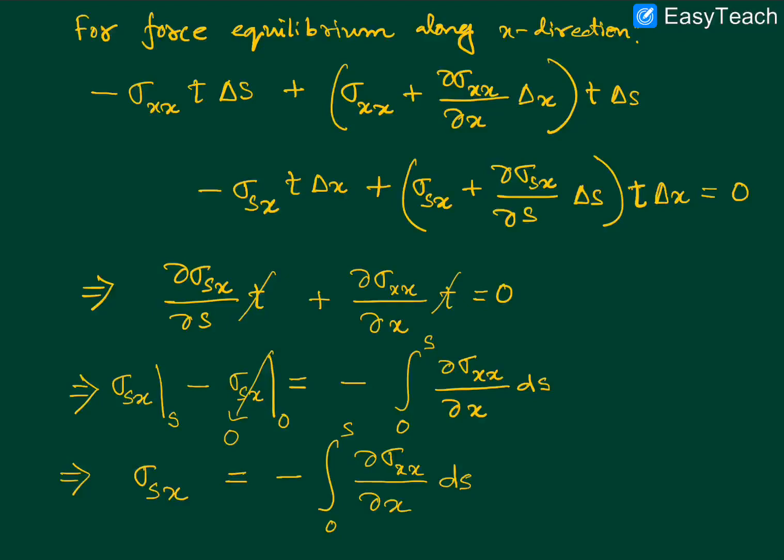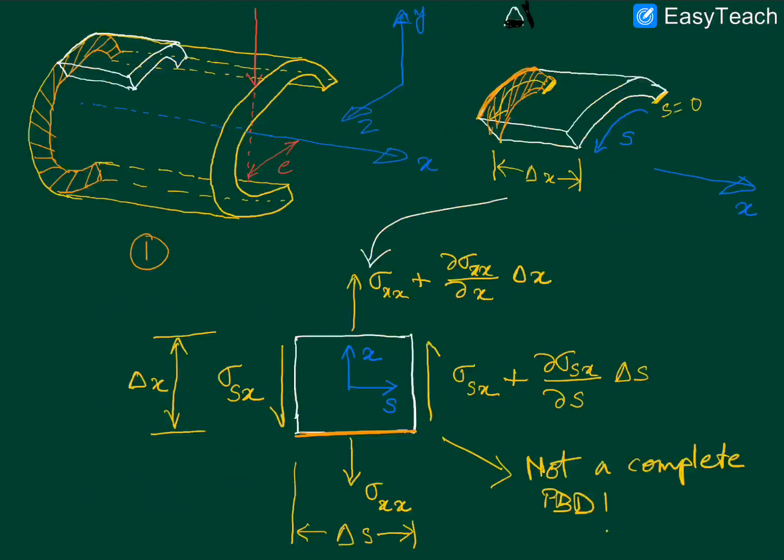Now, because we have written all of these things, especially that sigma Sx is equal to 0, if we go back to the previous page, we'll see that we have isolated our little stress element from here, and we have said that this sigma Sx is equal to 0. But you note that if that sigma Sx is equal to 0, why are we not writing this sigma Sx is equal to 0?